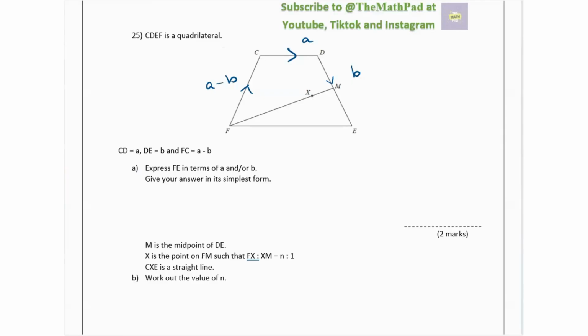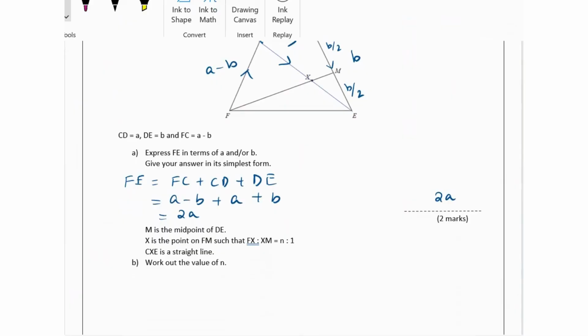So FE can be FC plus CD plus DE. FC is a minus b, plus CD is a, plus DE is b. So that's 2a. That's your vector FE.